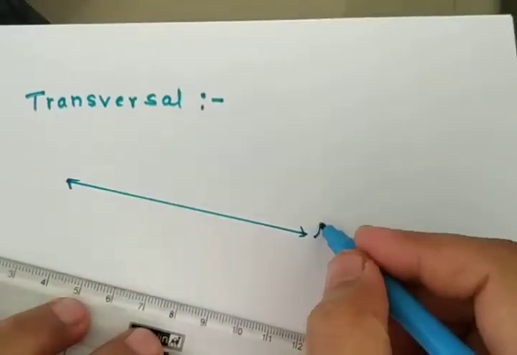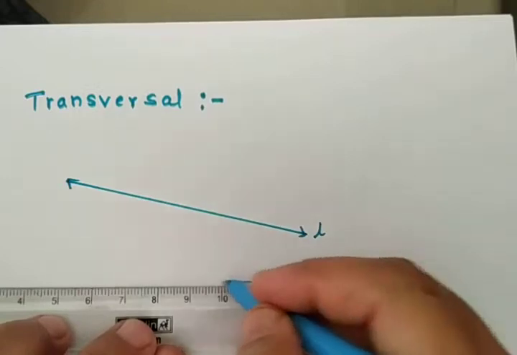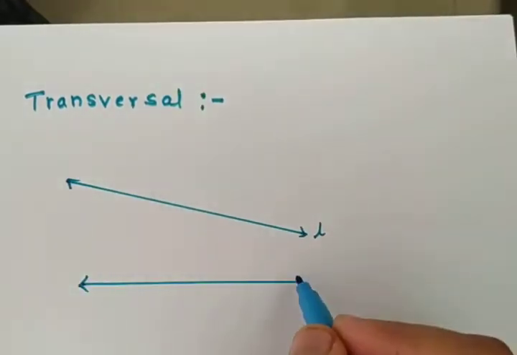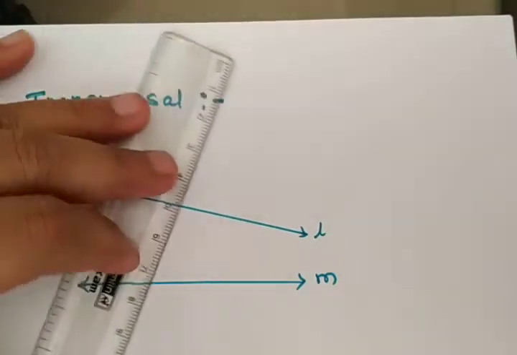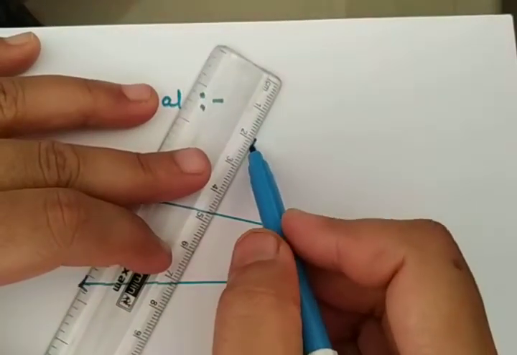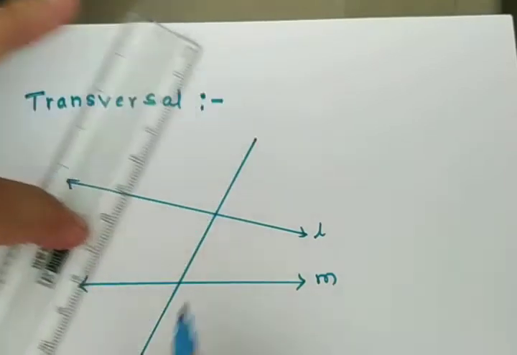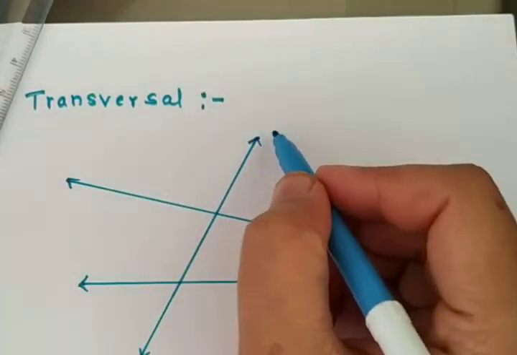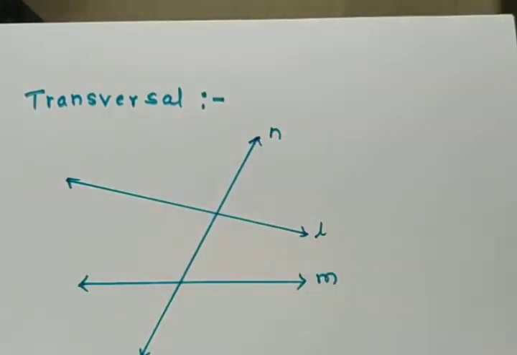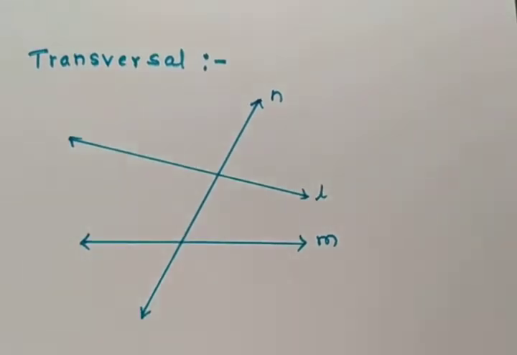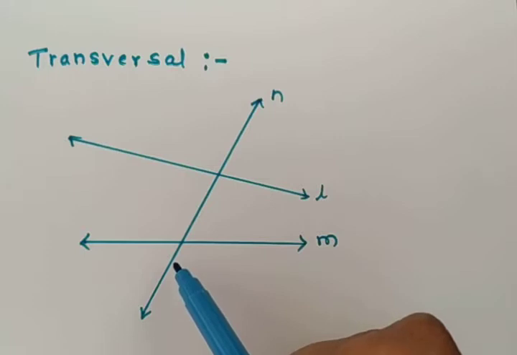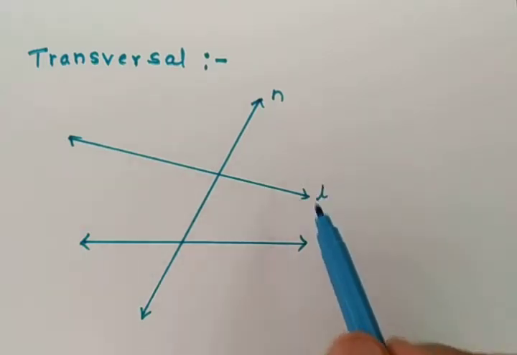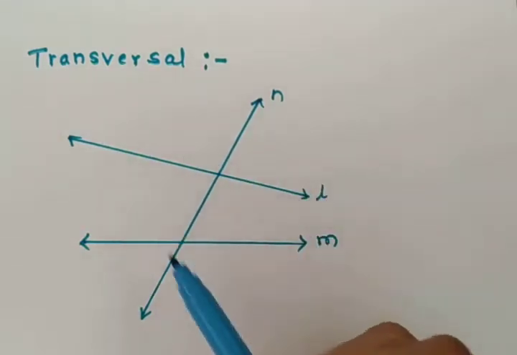Suppose this is line L and this is line M, and one more line I will draw which is intersecting the remaining two lines. I'm saying that this line N is called a transversal of lines L and M.